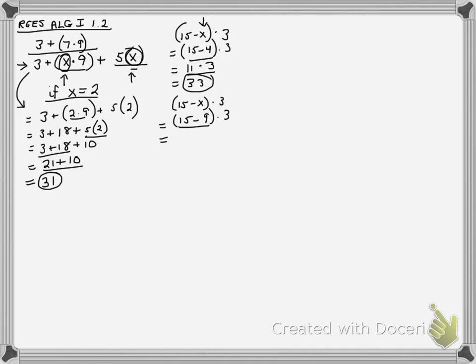Then you're going to use order of operations. 15 minus 9 is 6 times 3 equals 18. Notice, even though I began with the same expression, how I evaluated, whether it's 33 or 18, will totally depend on the number value substituted for the variable.